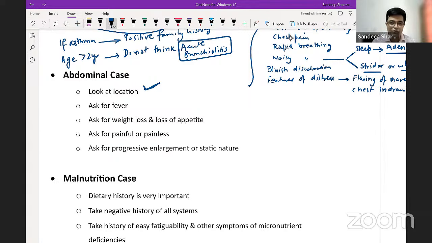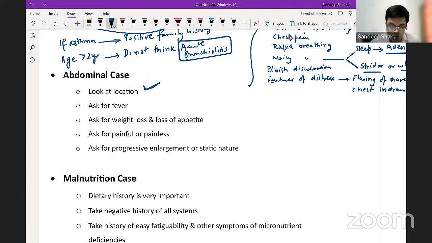When you are mentioning a history, you will talk about upper part of abdomen, left side of abdomen, right side of abdomen, lower right side of abdomen, central part of abdomen around the umbilicus. So do not use the 9 divisions in history, use them in examination. Very, very important point. Some examiners are very particular about it, right?